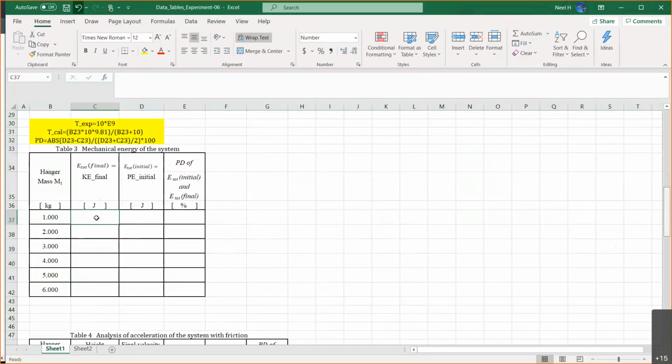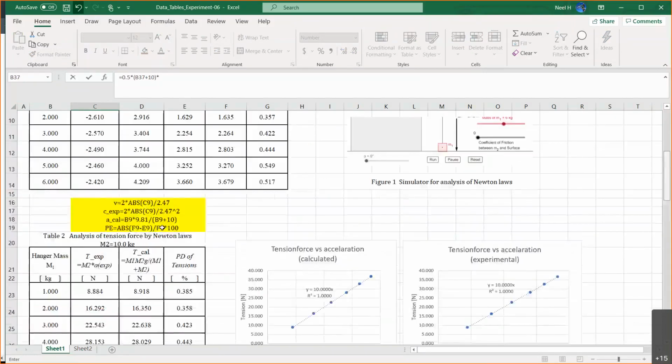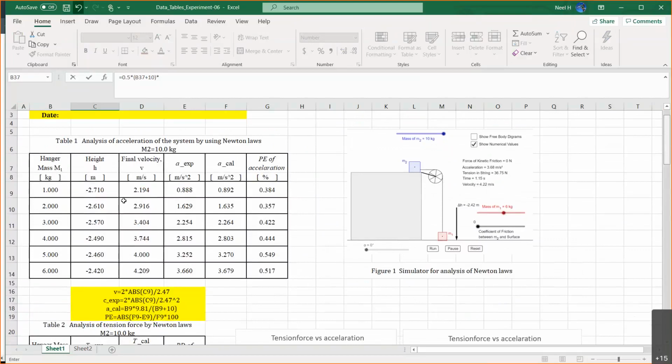So what we're going to do, kinetic energy, final point, equal sign, parentheses, equal sign 0.5, 1 over 2 is half, right? 0.5 multiplied by parentheses, mass M1 plus mass M2 is constant, 10 kilogram, times V to the power 2. V you already have earlier, right? See that? We already have it.